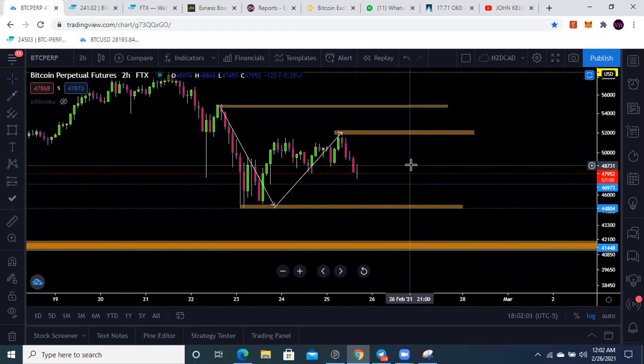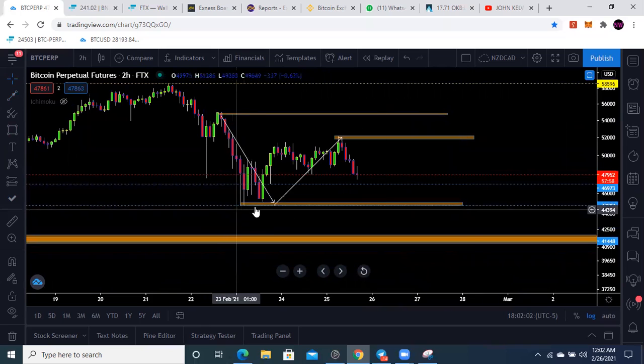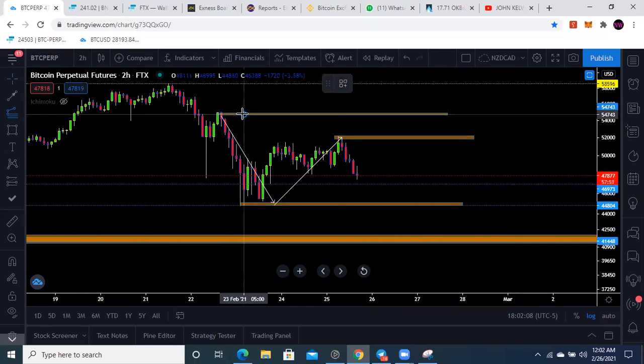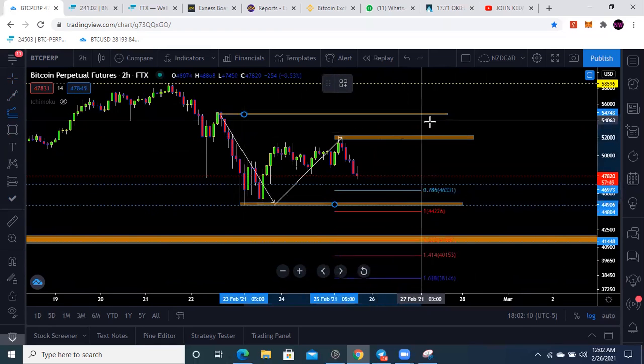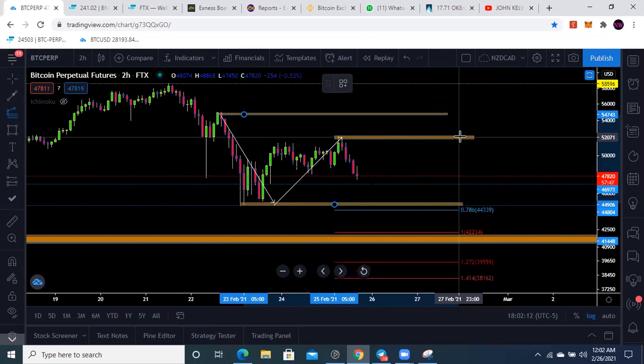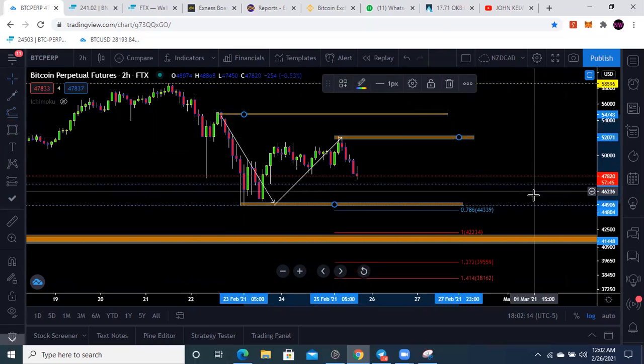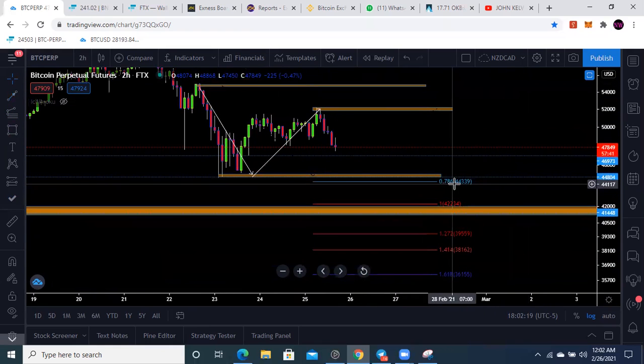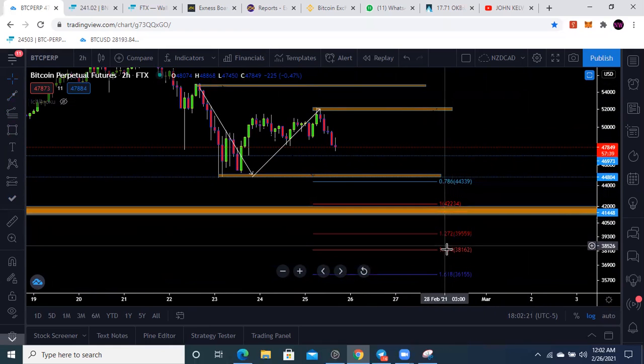Now, how do we get 4? Which I said price must close below this. We get 4 by using our extension ratio. So from here, 1 to 2 to 3. Normally the first target here is the 0.786 down to all these extension ratios.